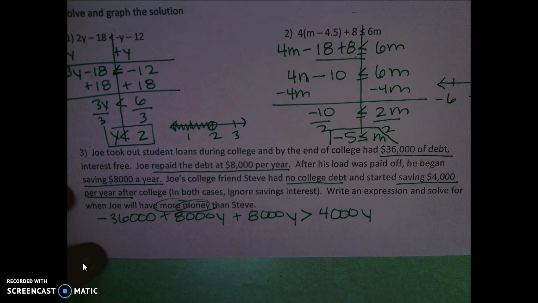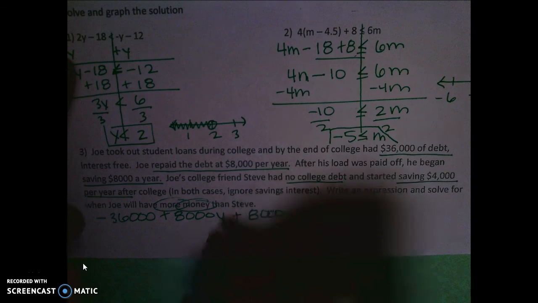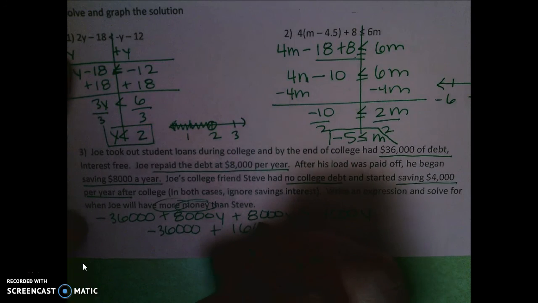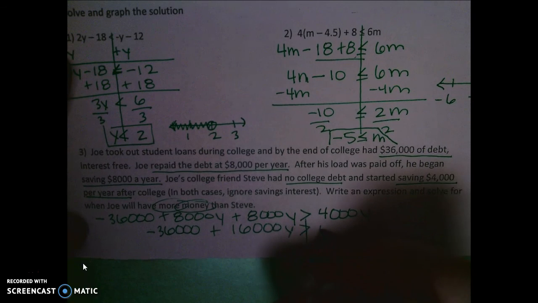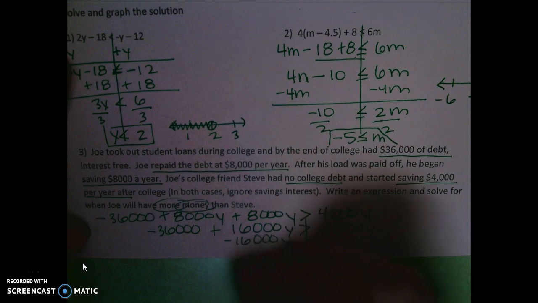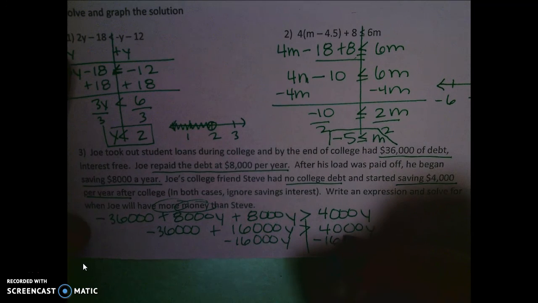Okay, so now to start solving this, we could combine 8,000 and 8,000. So that would be -36,000 plus 16,000 Y is greater than 4,000 Y. We want to take away the 16,000 Y to get the Y's on the same side.